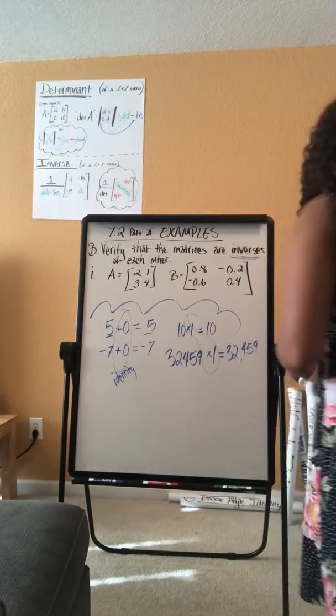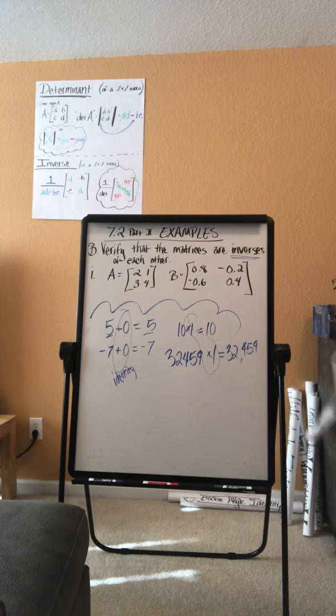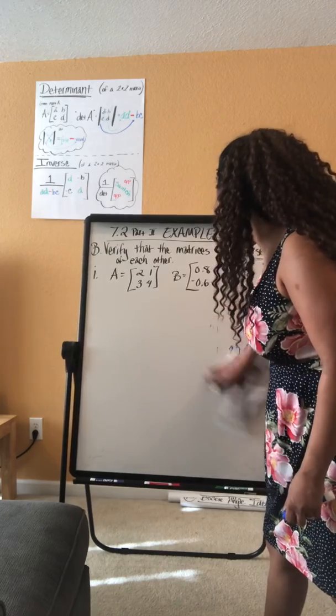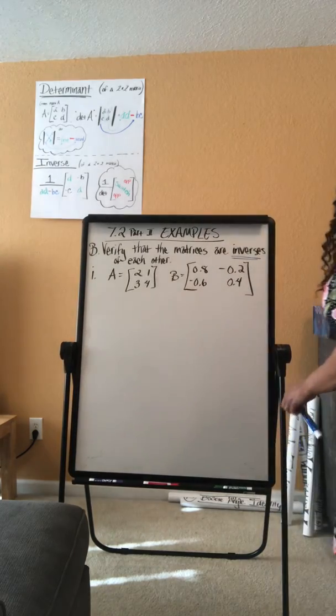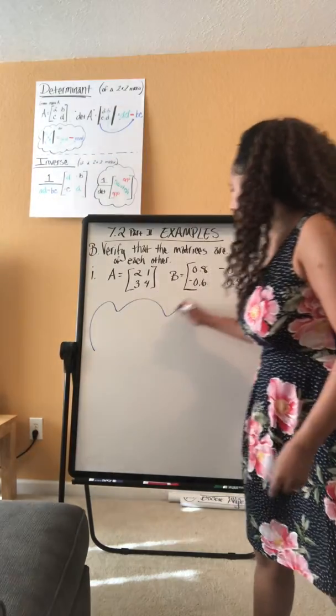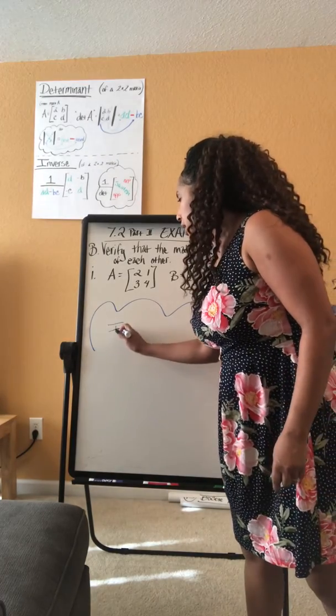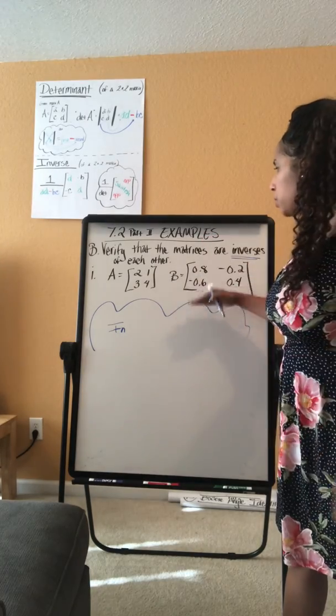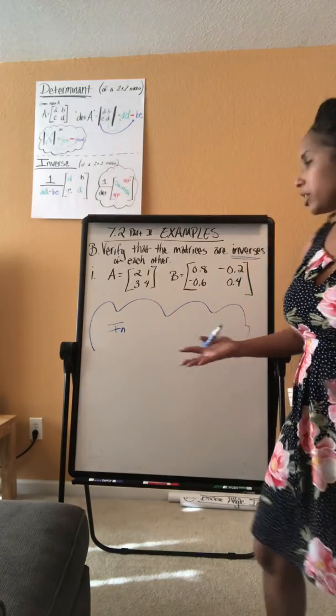When I'm dealing with matrices, my identity is called the identity matrix. It's named with an I and an N, and the N just stands for however many rows and columns it has. This is for a square matrix.